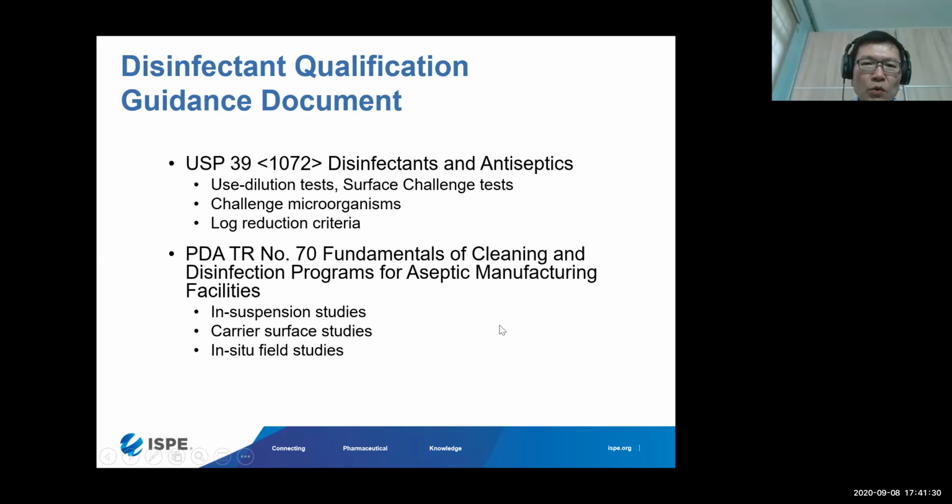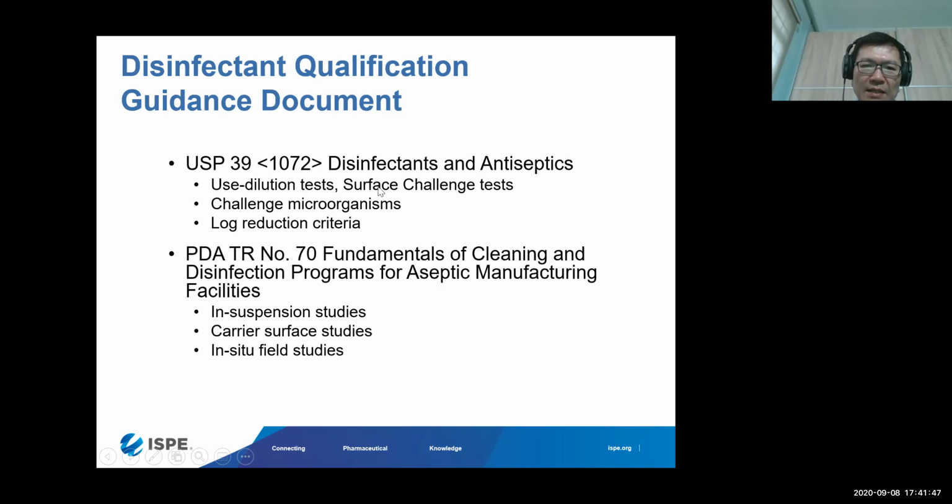Next I will go through briefly the 2 methods that are commonly used, the EN methods and the ASTM methods. These are the disinfectant qualification guidance documents that you should be familiar with before you perform the efficacy studies.